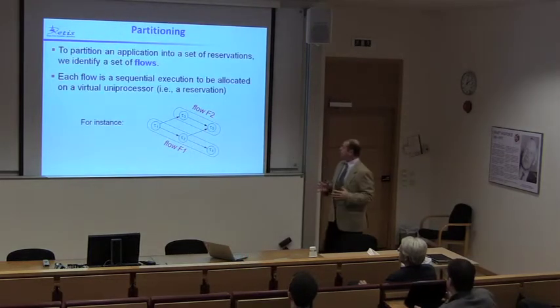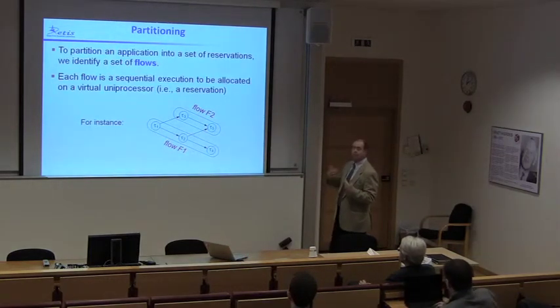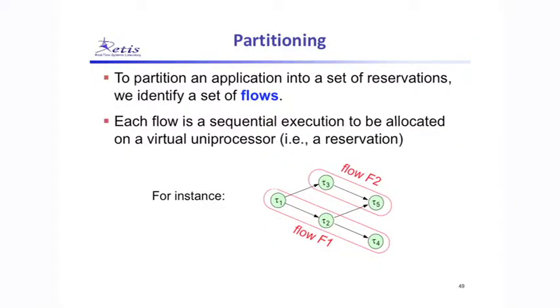Okay, now let's move to the optimization problem of how to allocate a parallel application into a virtual platform. Of course, there are several possibilities. Suppose that we have this graph, a very simple graph. We can allocate this task into a virtual platform and this task into another virtual platform.